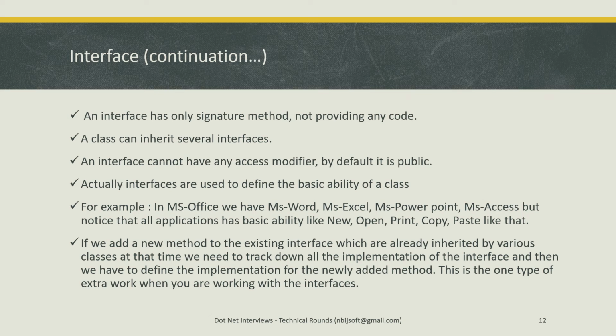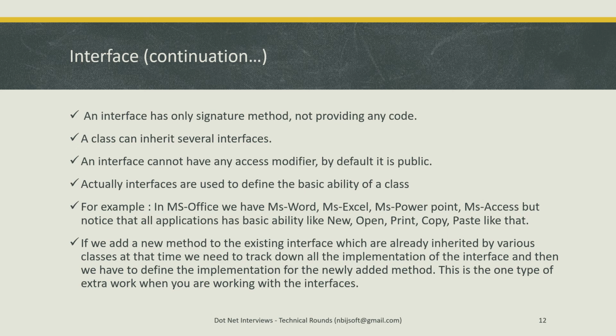For example, in MS Office we have MS Word, MS Excel, MS PowerPoint, MS Access, but notice that all applications have some basic abilities like create a new file, open an existing file, print the current file, copy the file, then paste it.